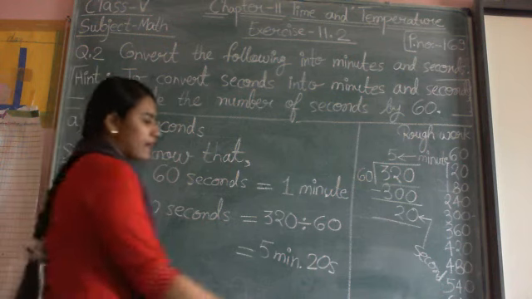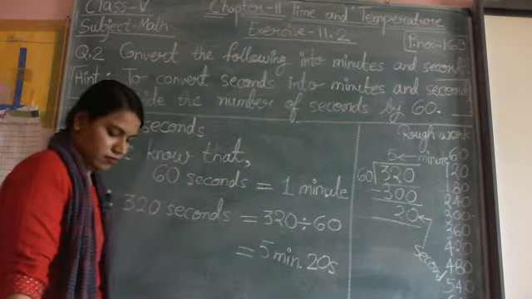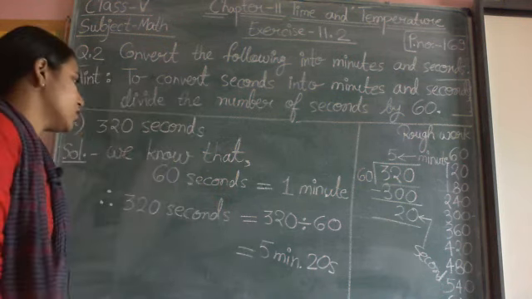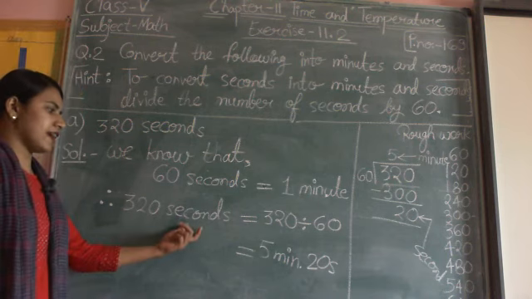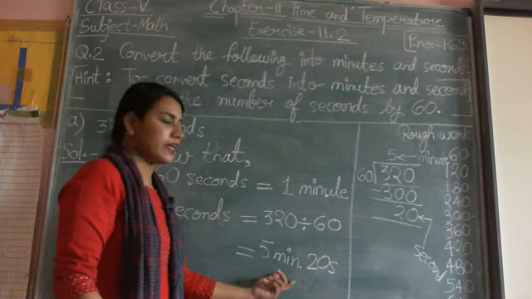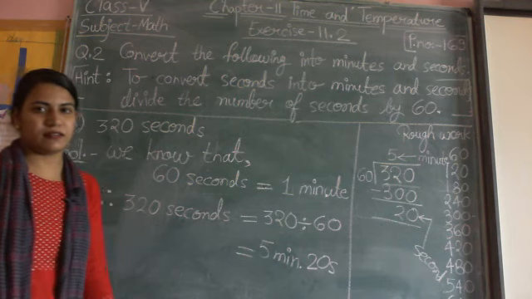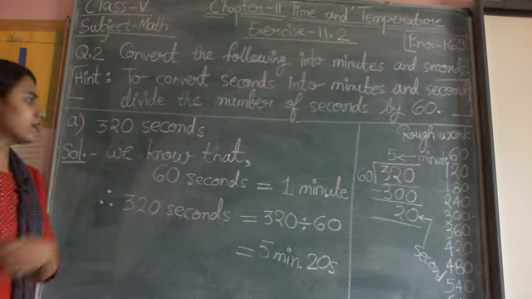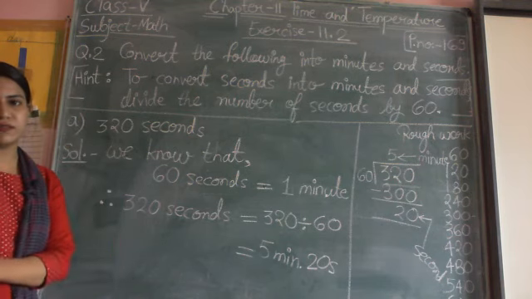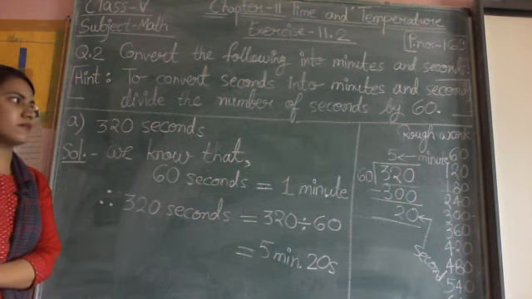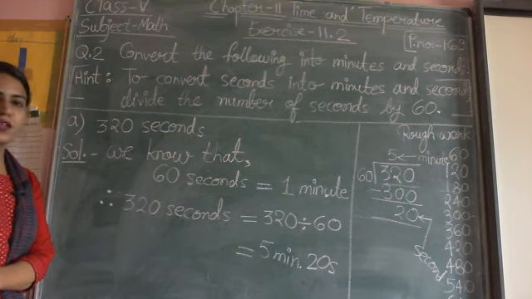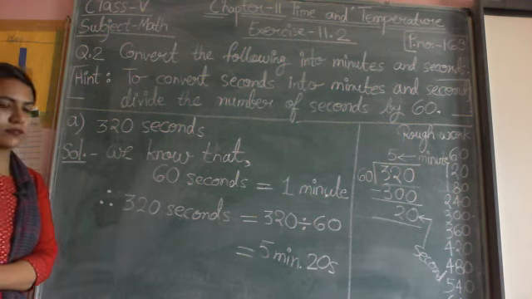To write seconds you can write a small s. So 320 seconds is equal to 5 minutes 20 seconds. This is how we convert seconds into minutes. Note it down or take a screenshot.